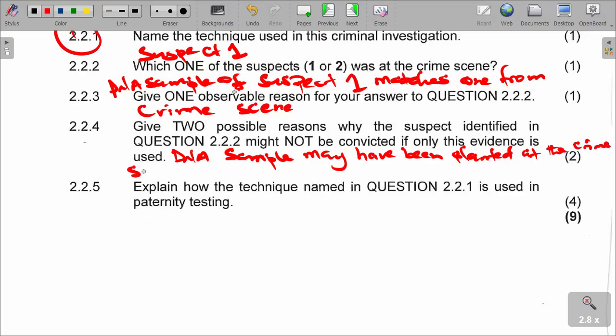Someone might plant the DNA sample of this person at the crime scene. Therefore, it is true that the sample is correct, but it might not be his.